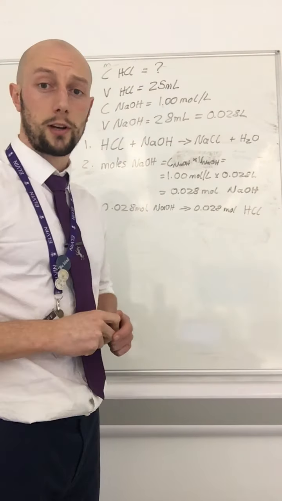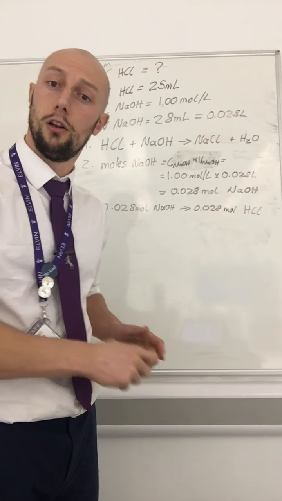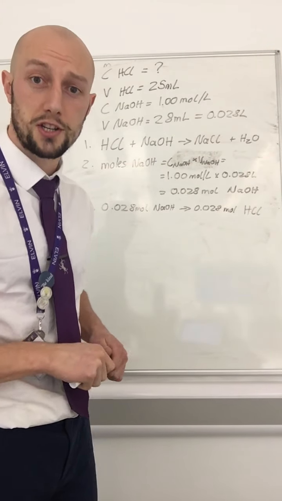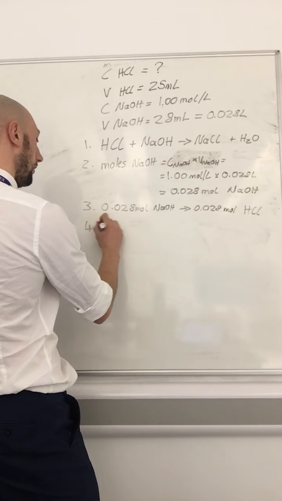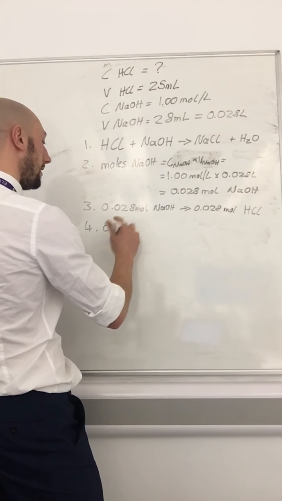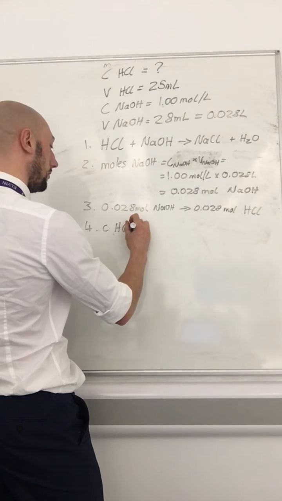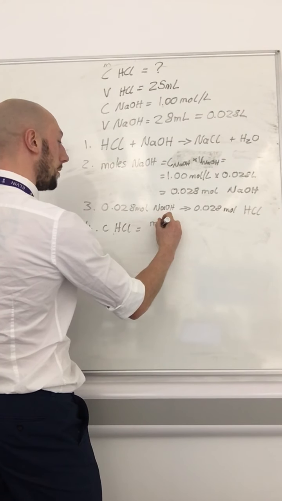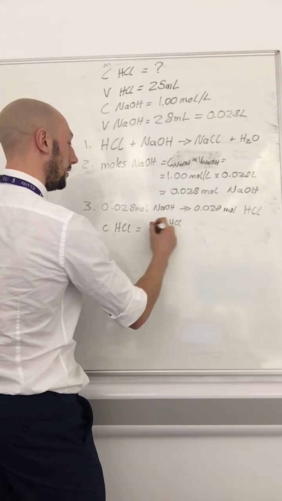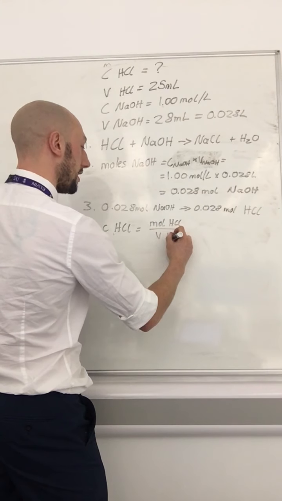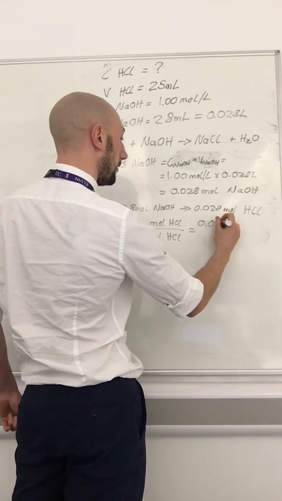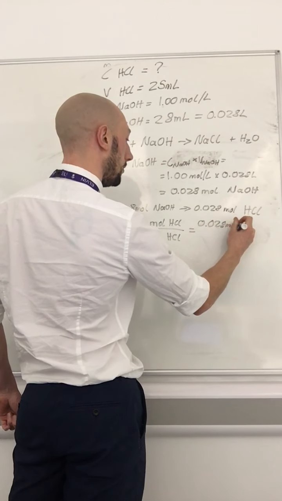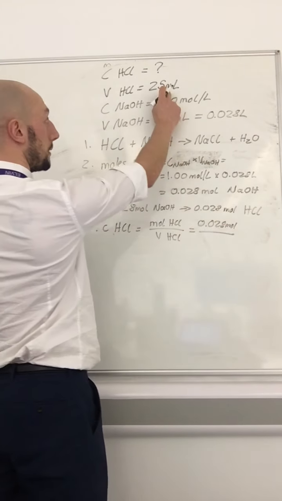The last step, calculate the concentration of the hydrochloric acid. Look at the equations in yellow. Concentration is moles over volume. I'll write it down right this time. Number 4, I'm going to put C for HCl equals moles of HCl over V, HCl, V for volume, which is equal to 0.028 mole over 25 millilitres.